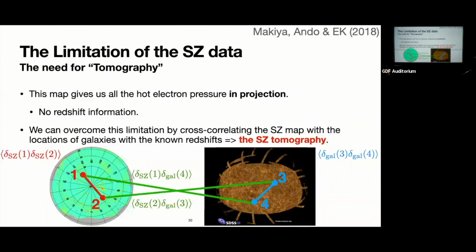Namely, we have objects, galaxies with known redshifts. Then we cross-correlate positions of the SZ map and positions of galaxies. And if this gas sits in a certain redshift region, cross correlation will exist. Otherwise, it vanishes, right? So in this way, you extract the redshift information.